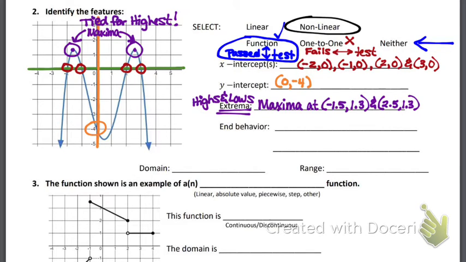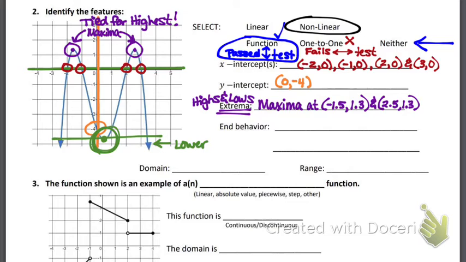Are there any minima, low points? Yes. Right down here, I notice a low point. Is it the lowest the graph ever goes, though? No. Since it's not the lowest the graph ever goes, this tells me it goes lower, so we call it a relative minimum. It is a low point. It is a key point of interest.